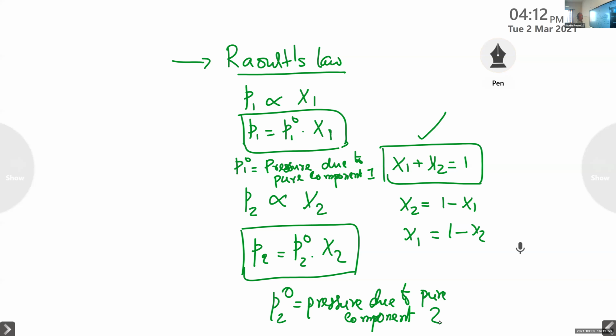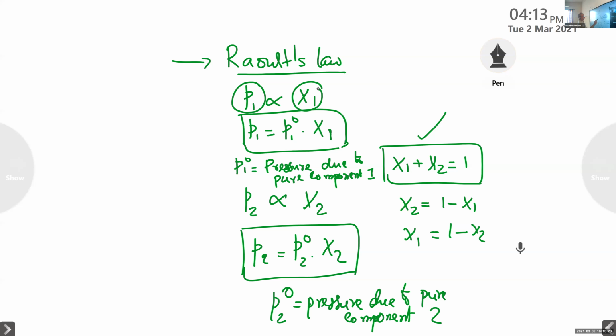According to Raoult's law, the partial vapor pressure of a volatile component is directly proportional to the mole fraction of the component in the solution. So, P1 proportional to X1, or P1 is equal to P10 into X1.